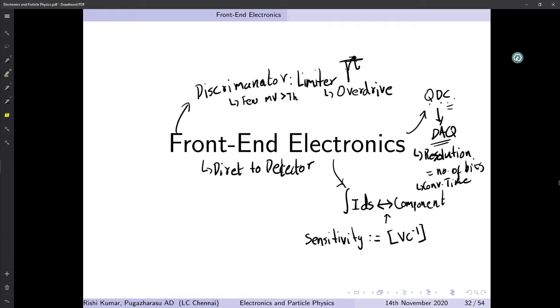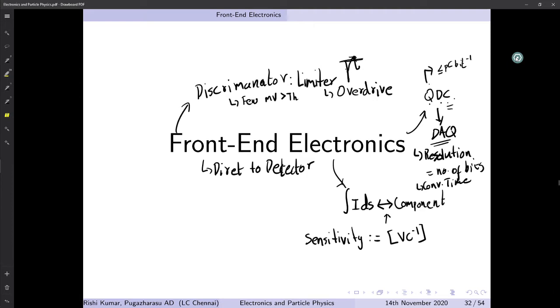A typical sensitivity is less than 1 picocoulomb per bit. It's a pretty accurate piece of machinery.